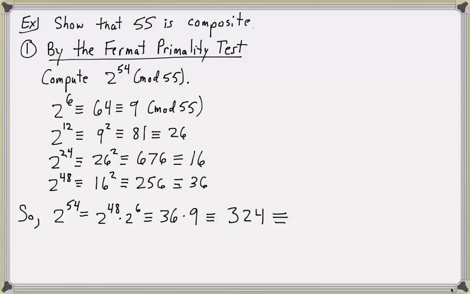And when I reduce mod 55, this equals 49, and this is not congruent to 1 mod 55. Therefore, by the Fermat primality test, 55 can't be prime.